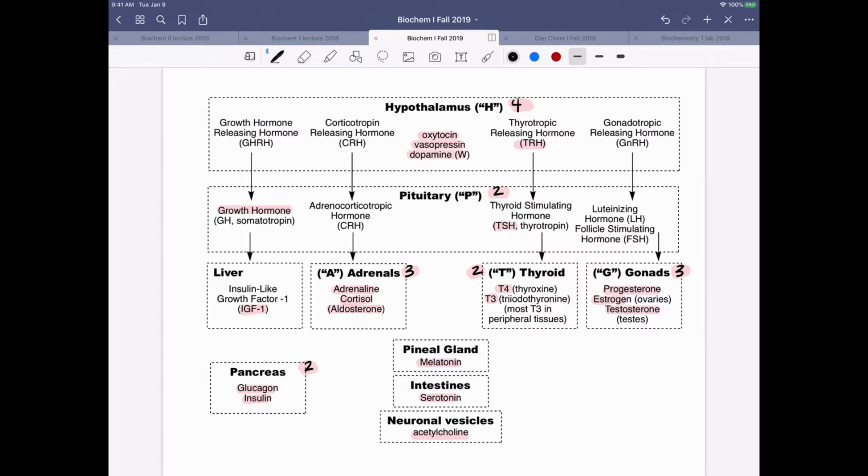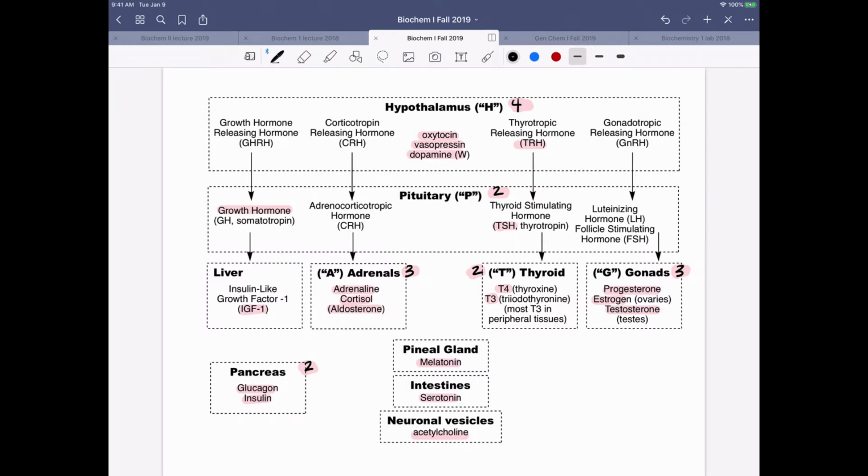So one of the things I wanted to highlight is a way to think about the organization here, and it might be helpful if we try to remember some of the numbers that we have here. I've grouped these by how we're going to learn them with these HPX axes.